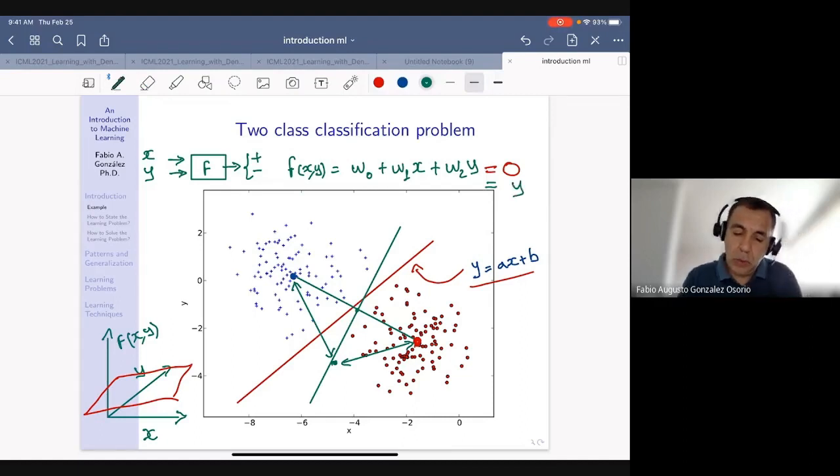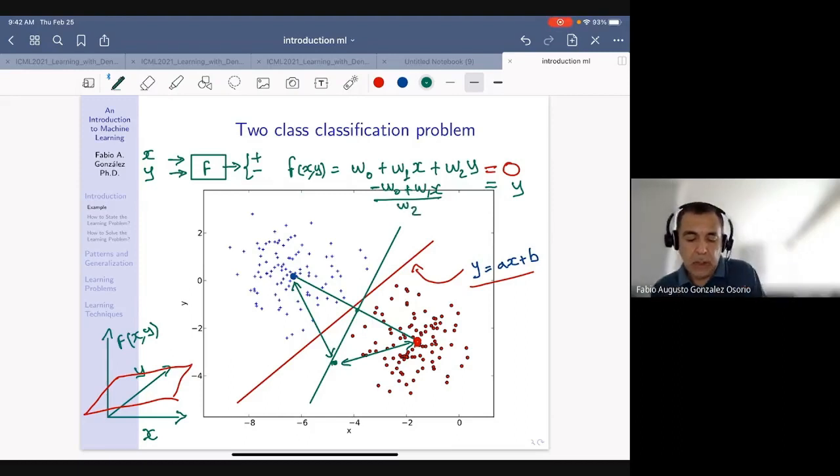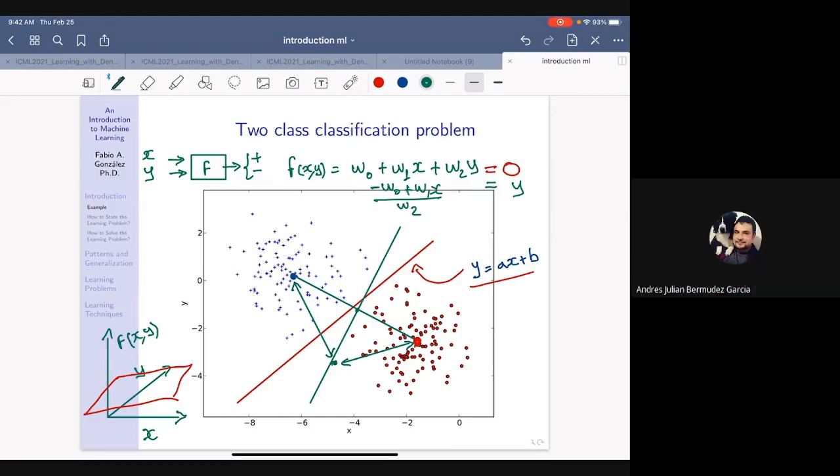y is equal to minus W0 plus W1 x, right, divided by W2. That's right? Minus W1.